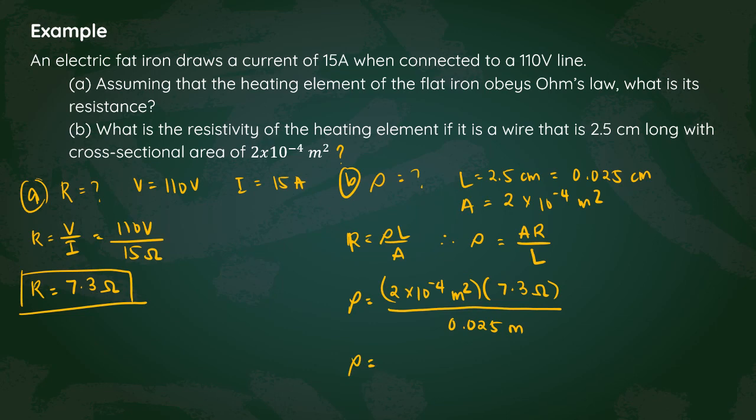Therefore, the resistivity of the heating element is 0.0584 ohm meter.